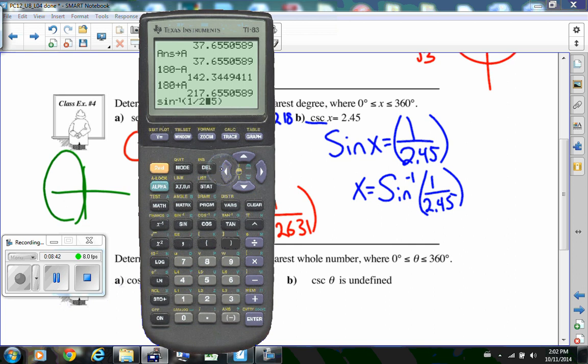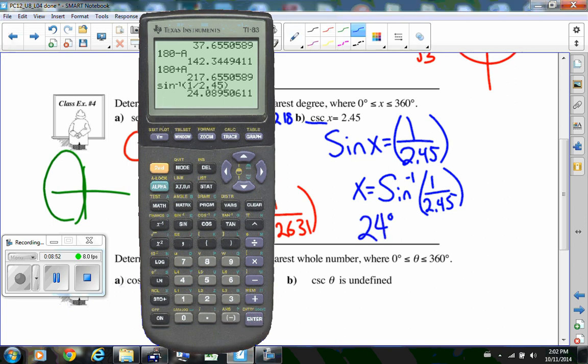That gives 24.1, or 24 degrees. Now remember that this is still my reference angle, and so I actually need to get both locations. Sine is going to be positive, so I draw my little sketch. Sine is the y, so in quadrants 1 and 2. So right there is 24, and right there also 24 back. So my rotation angle, or principal angle in this case, is going to be 156 degrees.